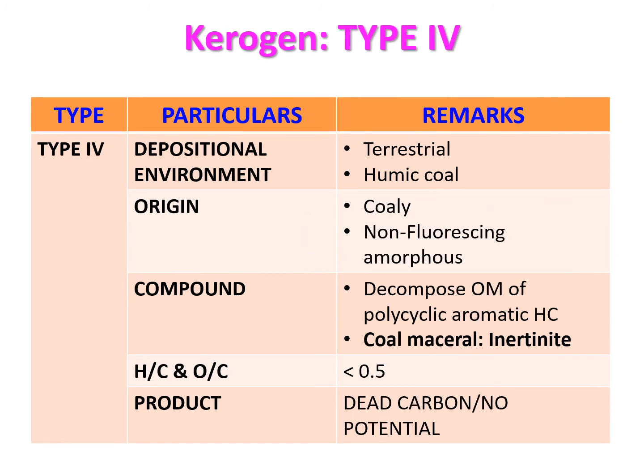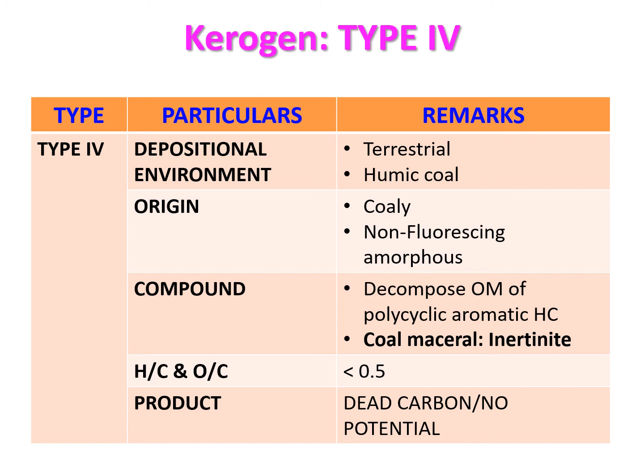And lastly, we have kerogen type 4, which is deposited in the terrestrial environment, but it has no potential for hydrocarbon. Basically, the origin of this source rock comes from burnt forest.